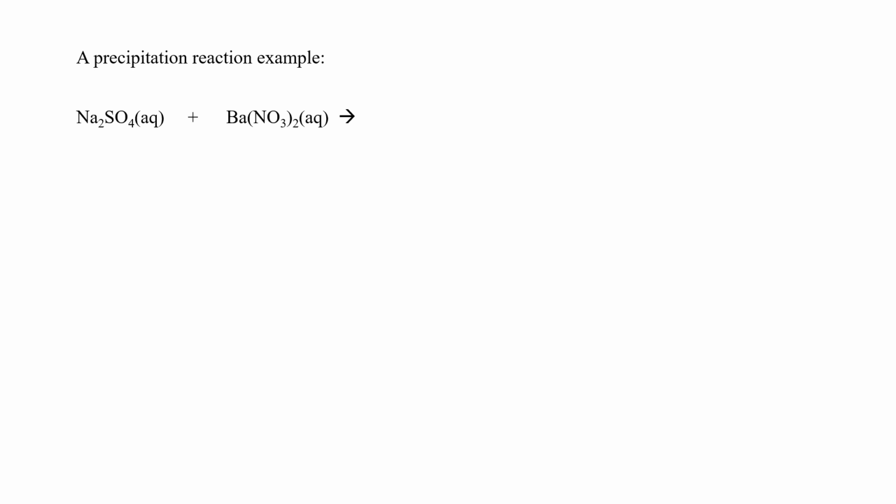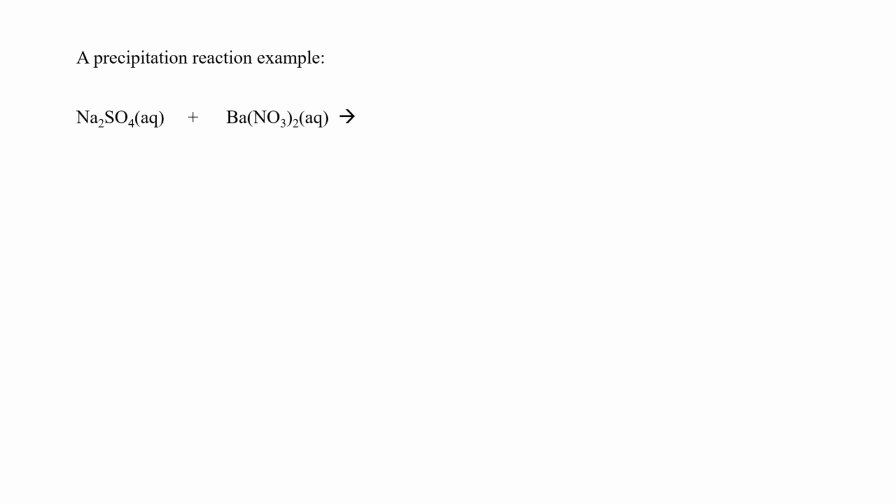This is sodium sulfate and barium nitrate, and we have to recognize those ions: the nitrate ion and barium, and the sulfate ion and sodium. The first step is to realize that in solution, if those compounds are dissolved, which they are because it says that they're aqueous, meaning dissolved in water, they're soluble substances.